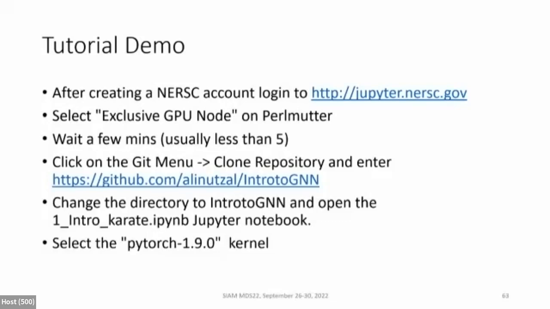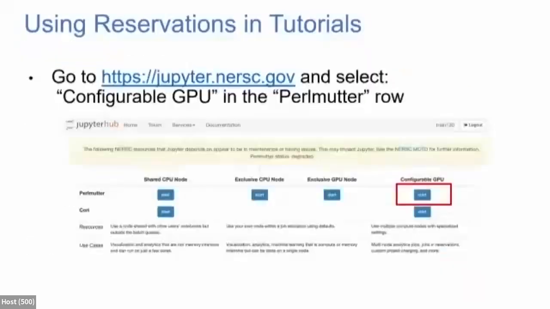CPUs? Okay. So in this case, maybe we can just get started with the CPU node. If you go to the main page again, instead of configurable GPU, we can do shared CPU nodes, and that hopefully can quickly give us access.